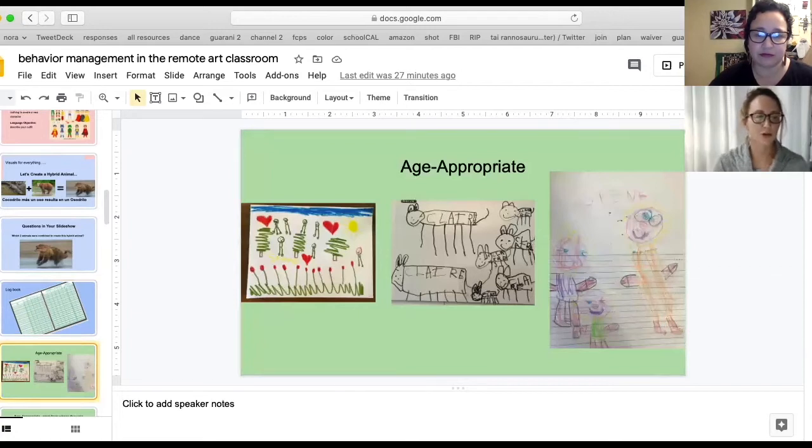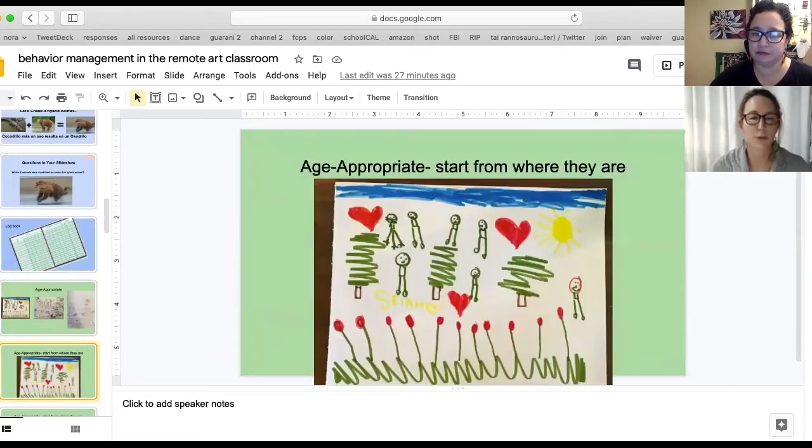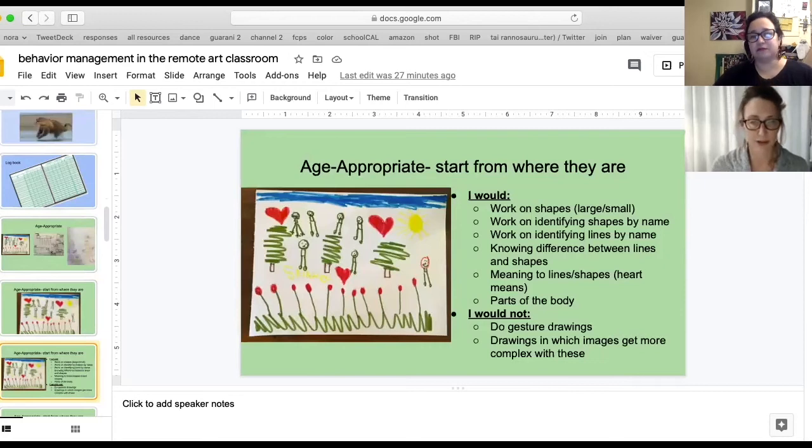And this just goes along the lines with making sure that your objective is attainable. You want age-appropriate objectives. So this is an example of a kindergarten family portrait. So you want to make sure that you start from where they are. Look at the artwork they created and make sure your next week's lesson only goes up one step from where they started.